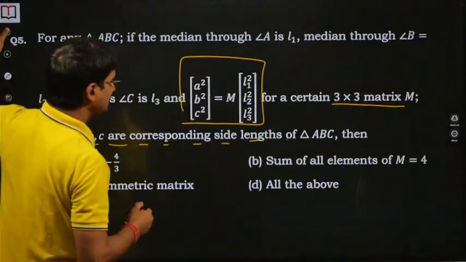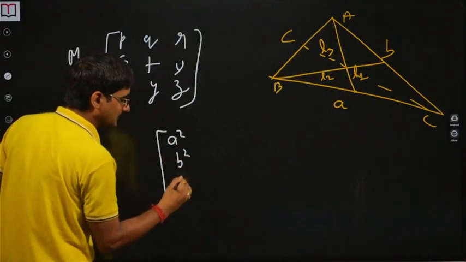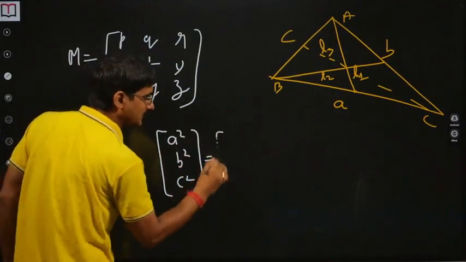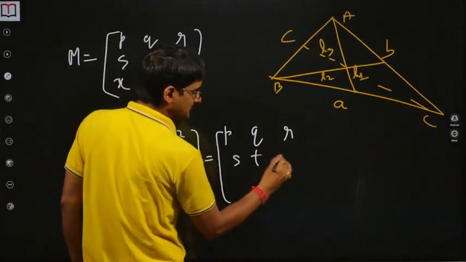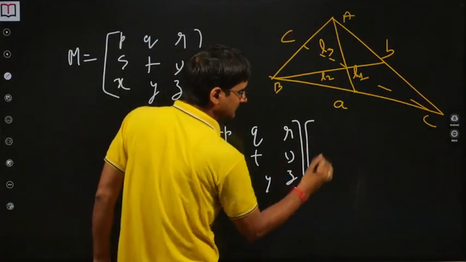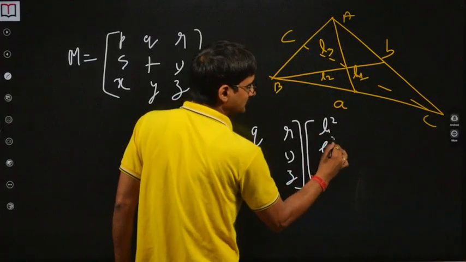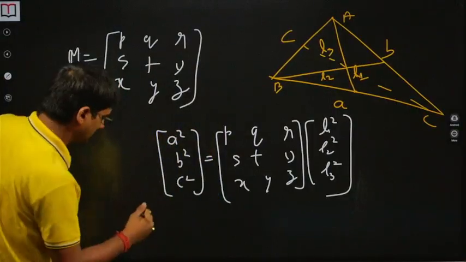Okay, and then we know A square, B square, C square. That's what we are given here. So it's PQR, STU, XYZ times L1 square, L2 square, L3 square. So we can directly write the relation.